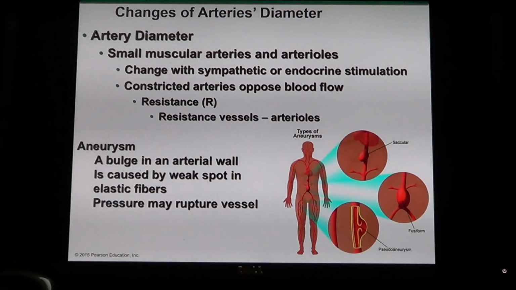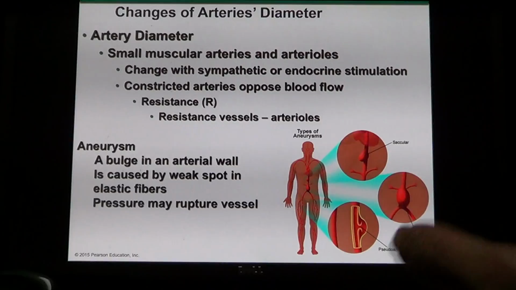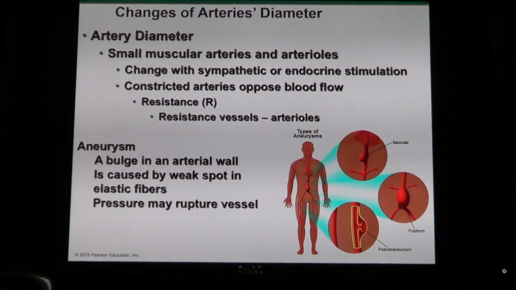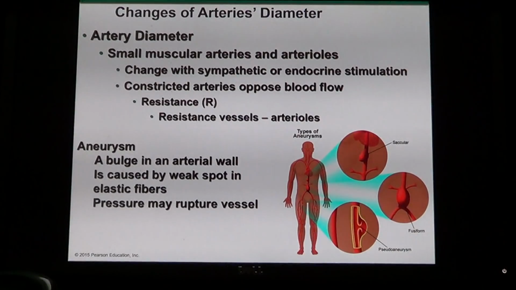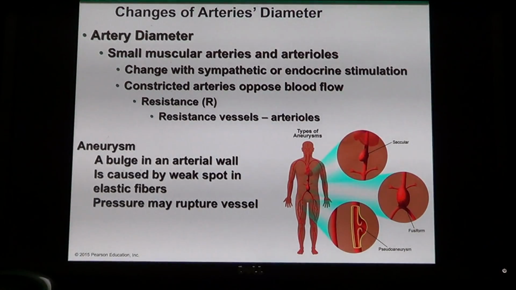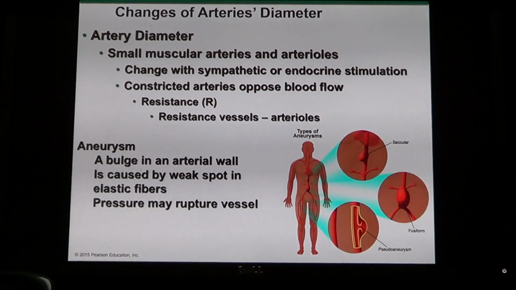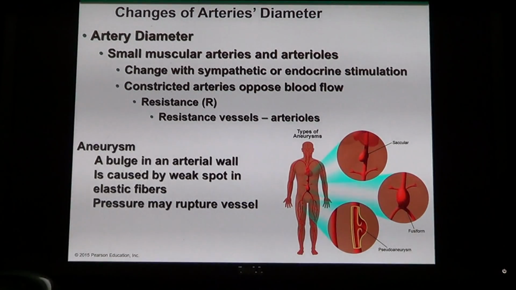In diameter, arteries are therefore different. They can change diameter depending on endocrine or nervous stimulation. And everything, contractility, changes in diameter, and type of artery, generates resistance to blood flow, right?